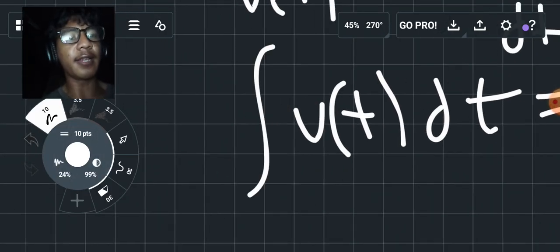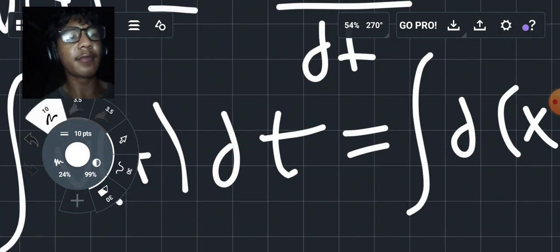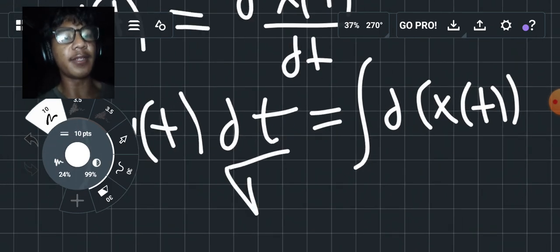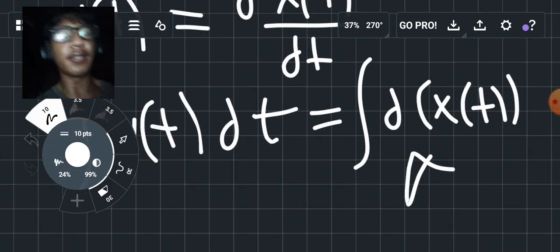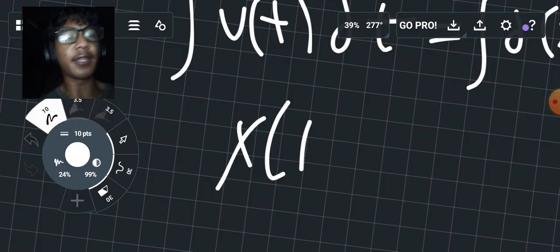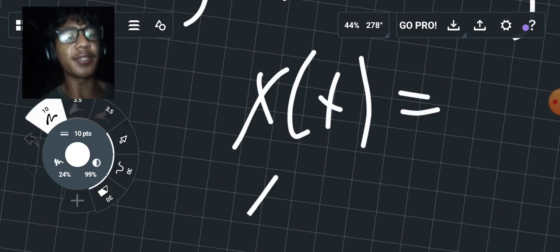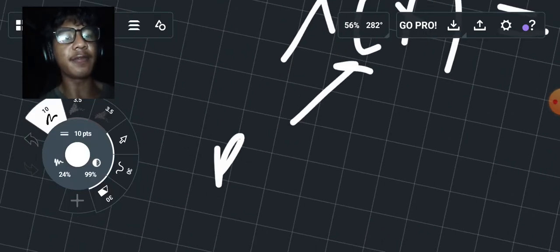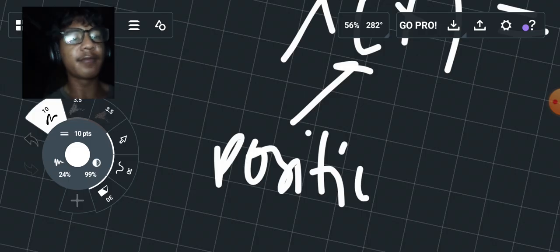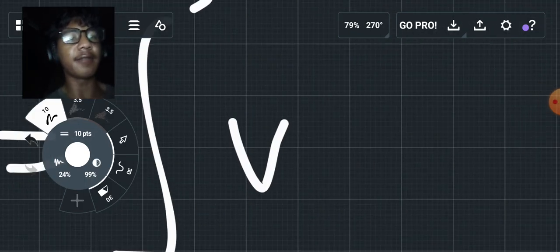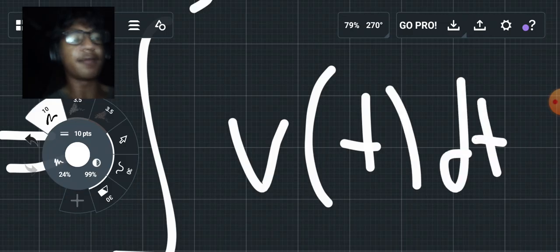If we integrate that with respect to time, we get x of t, so the position function is just the integral of the velocity function.